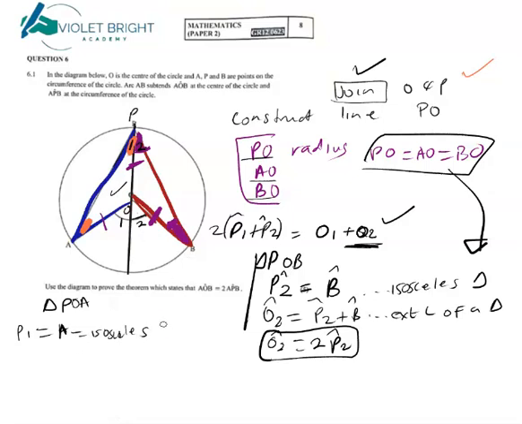So isosceles triangle. Now we also do that with the exterior angle.